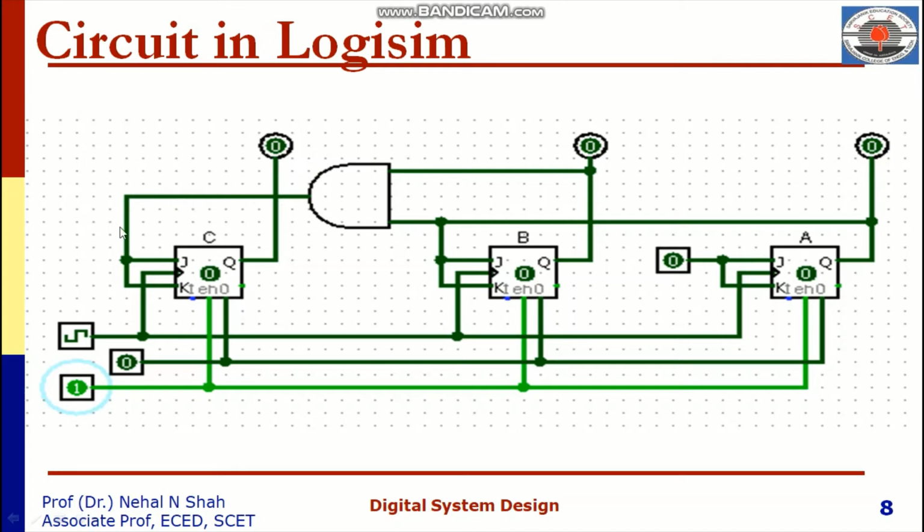The output of this AND gate is connected with JC, KC. Clock is given to all three flip-flops. The clear input of all three flip-flops needs to be connected with logic low, that is 0. The enable input of all three flip-flops needs to be tied together and connected with 1. So whenever this enable is 1, only then will all three flip-flops function.